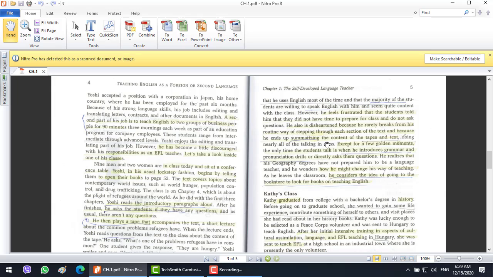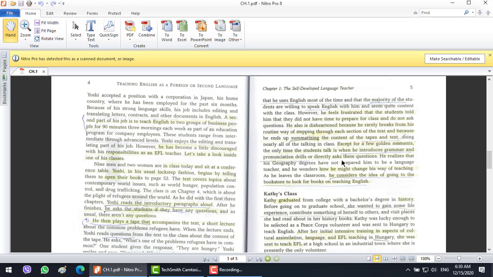On page 5, we will find the summary of what he has done. We will find that he breaks up the reading, and he has formal steps inside the classroom. And the students have few opportunities to read or to speak in English.